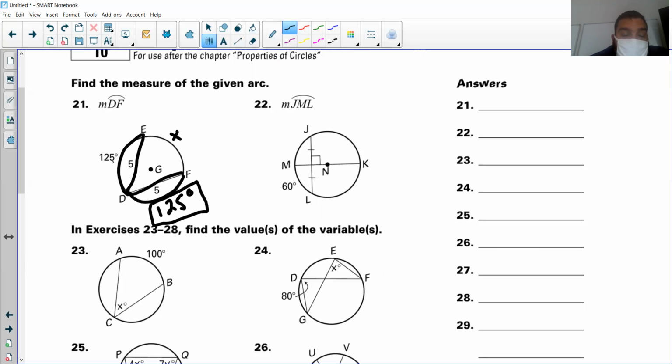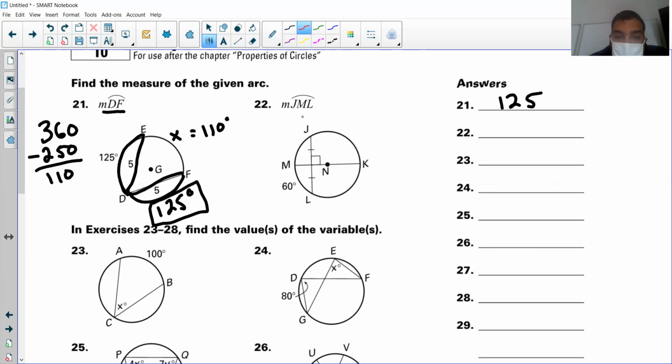Well, if you know this is 125 and this is 125, and you know a full circle is 360, you could do 360 minus what you know, which in this case is 250. So this would be 110. Please be clear, you don't need this answer for this question because it just asks for DF. That's 125. That's where you can stop. But I could ask you that top part here, so you've got to know to take all the pieces.